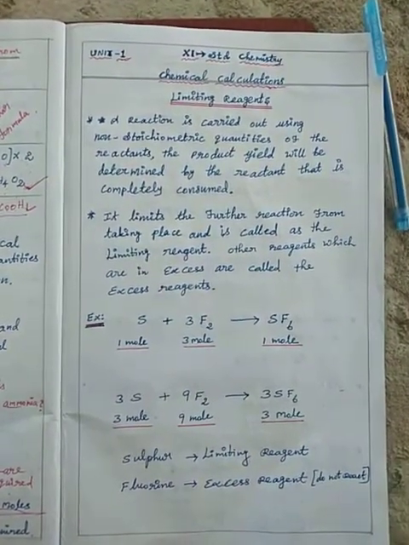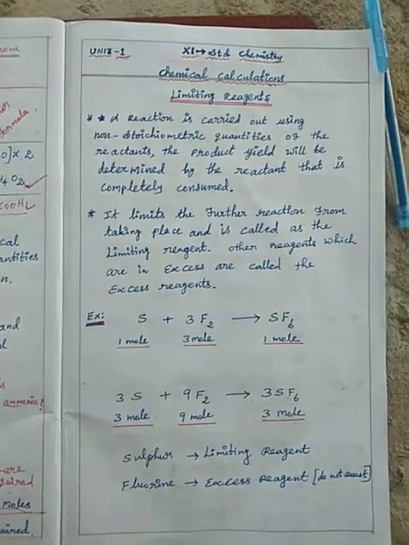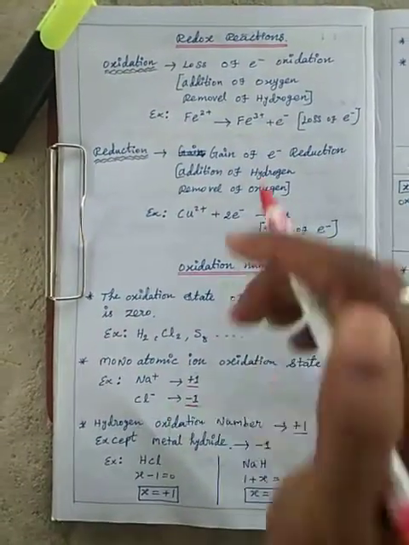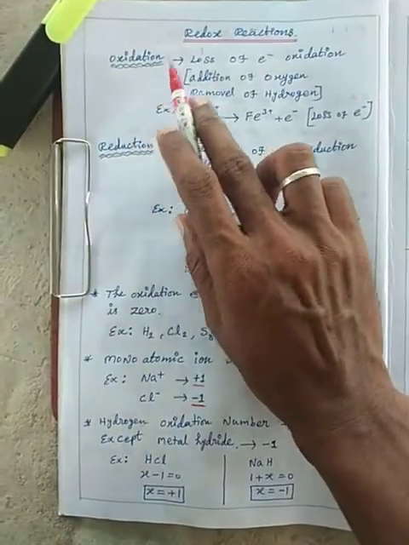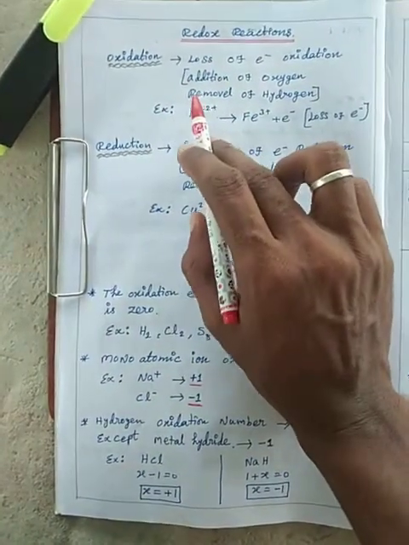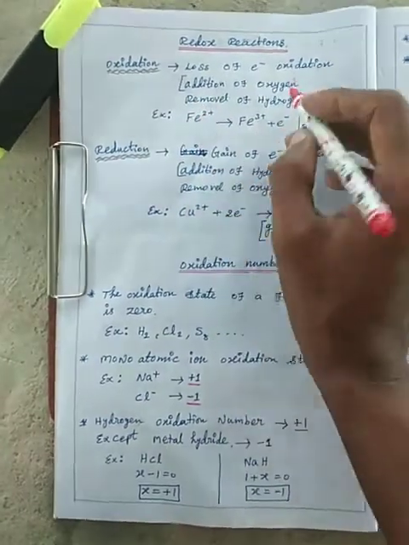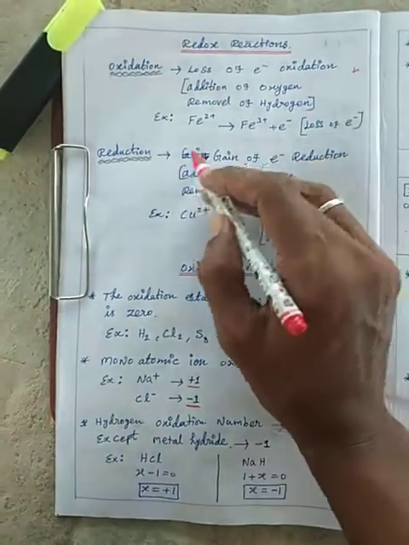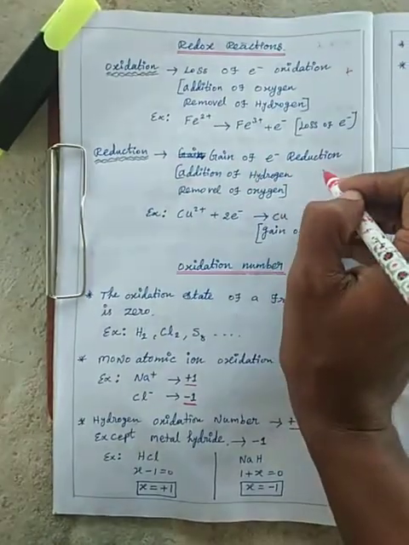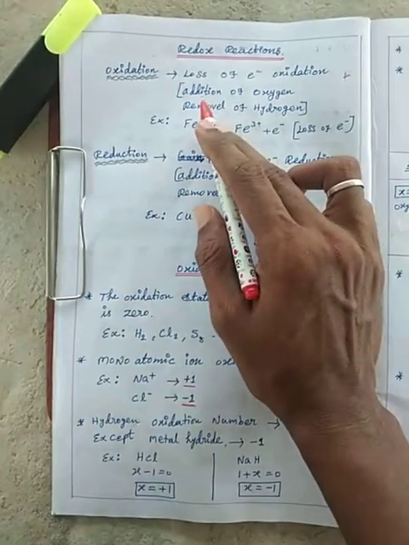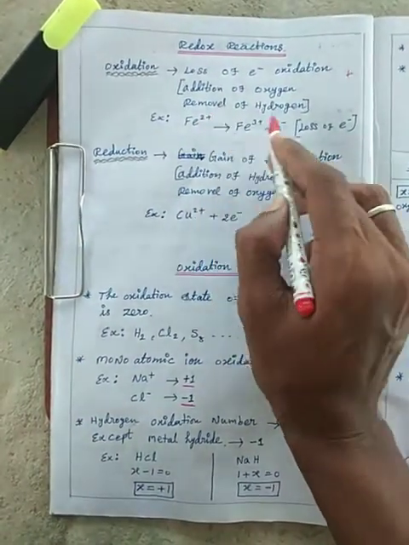Next we discuss redox reactions. Redox reaction means oxidation and reduction. As discussed in a previous class, oxidation means loss of electrons, and the charge becomes positive. Reduction means gain of electrons, and the charge becomes negative. Also, oxidation is addition of oxygen or removal of hydrogen.